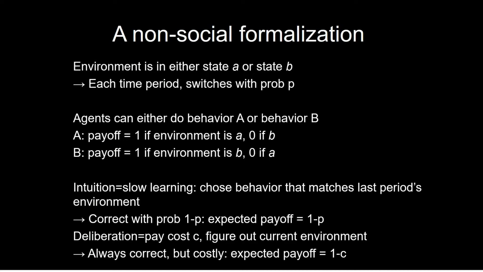And so before I analyze it, I'm just going to talk a little bit about what that cost is, because the cost is really the key idea here. And so there are various different reasons that deliberation is going to be more costly. So first of all, it takes more time.